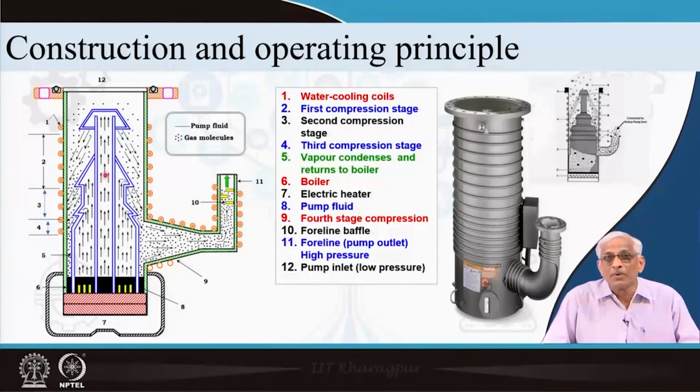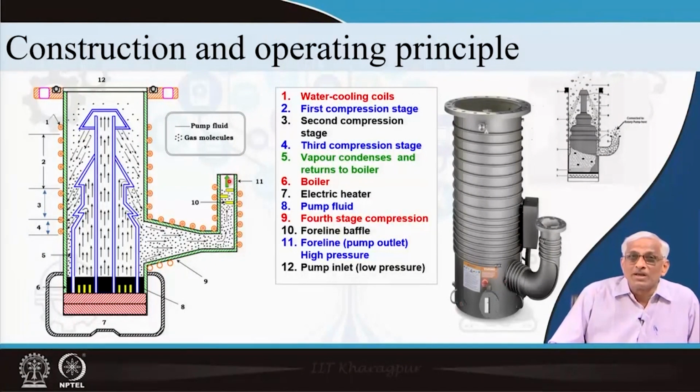So, heating, evaporation, coming out with high speed and touching this, getting condensed again and joining the boiler again with the help of heating and cooling. Cooling is supplied by chilled water, heating is supplied by the electric heater. But all this is going on in a vacuum condition in this entire container, created by a side coupling connected to a rotary pump, which I am not showing here, and that pump I popularly call the fore vacuum pump.